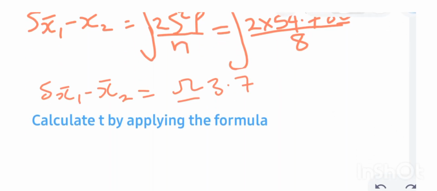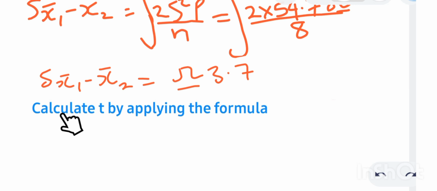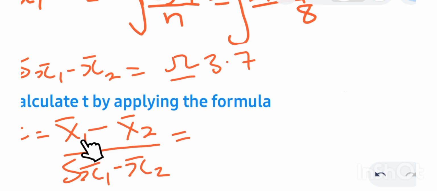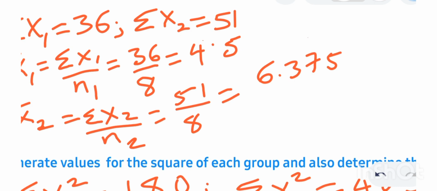It says calculate t by applying the formula, and the formula goes: t equals the mean of the first group minus the mean of the second group, divided by the standard error of difference between means. Let's look at the mean of the first group and the mean of the second group. The first group has 4.5 as its mean, while the second group has 6.375 as its mean.